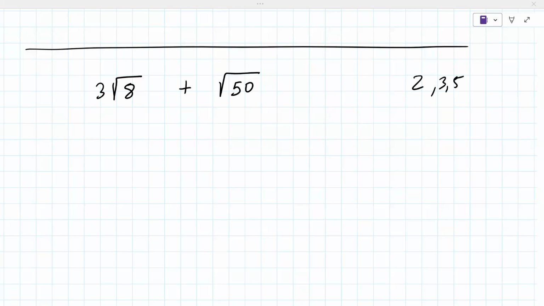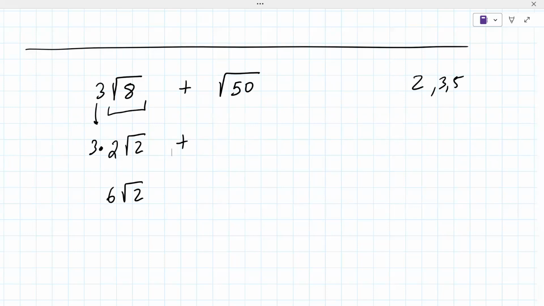Well, tell me what you got for the square root of 8. I got 2 on the outside and then 2 inside. 2 square root of 2. Now you bring this 3 down and you multiply. So what's the final result there? It would be 6 on the outside and 2 on the inside. 6 square root 2. Good.